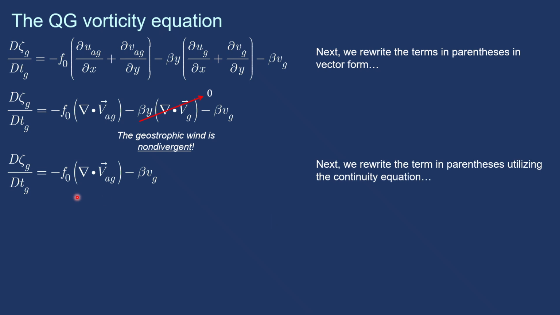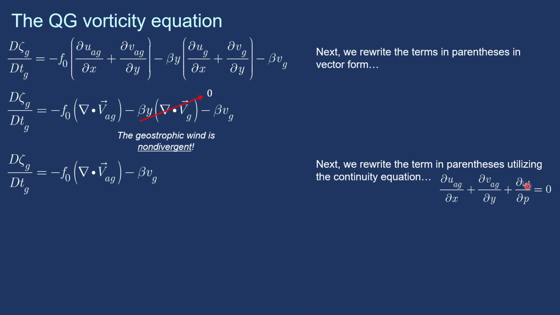At this point, we'll take this dot product here in parentheses, which is the divergence of the ageostrophic part of the wind, and we're going to rewrite that using the continuity equation. Specifically, we're going to use this form of the continuity equation. So any divergence or convergence of the ageostrophic wind is going to result in some type of vertical motion, partial omega, partial p, in our isobaric coordinate system. And these three terms added together should equal 0 if continuity is to be preserved.